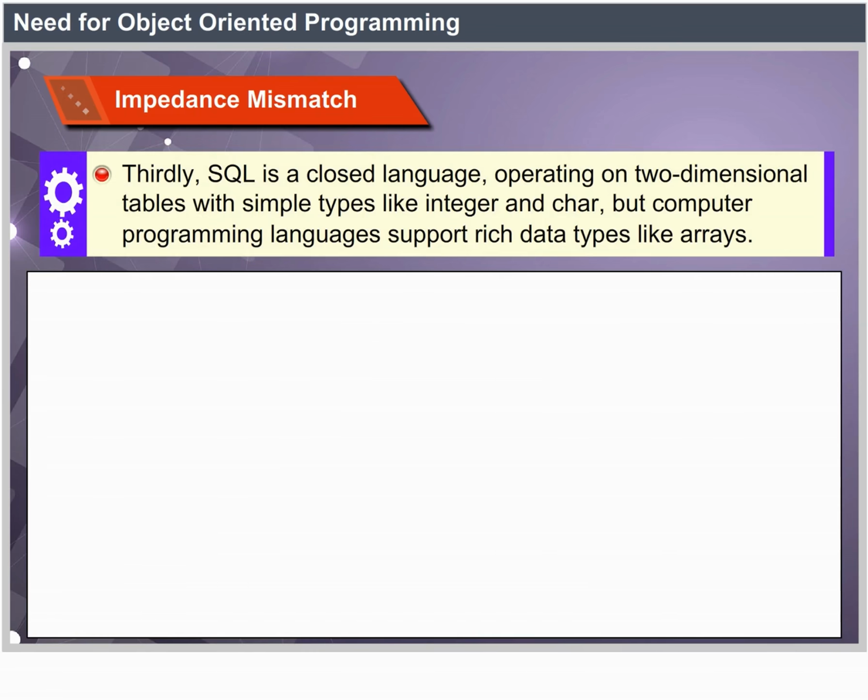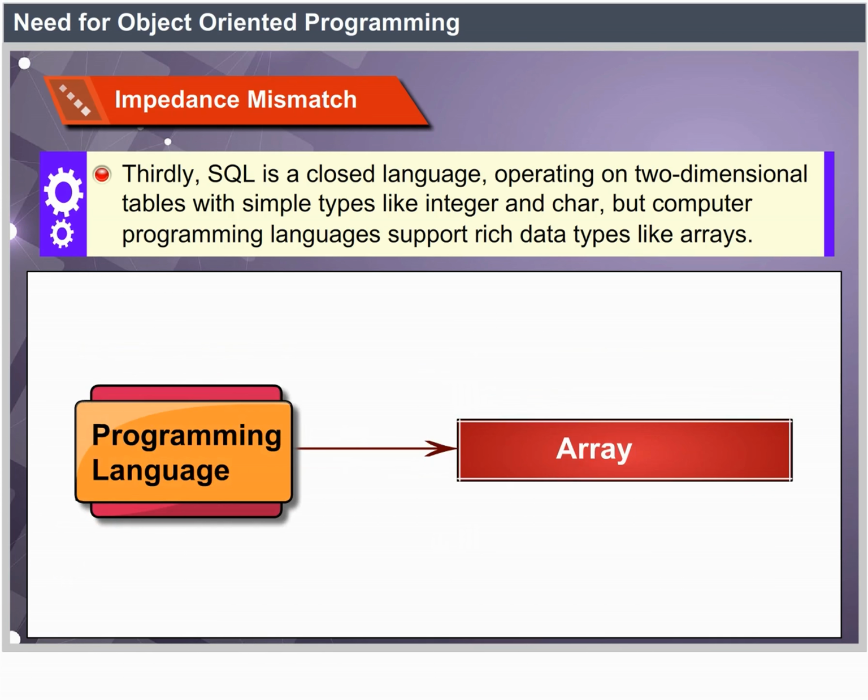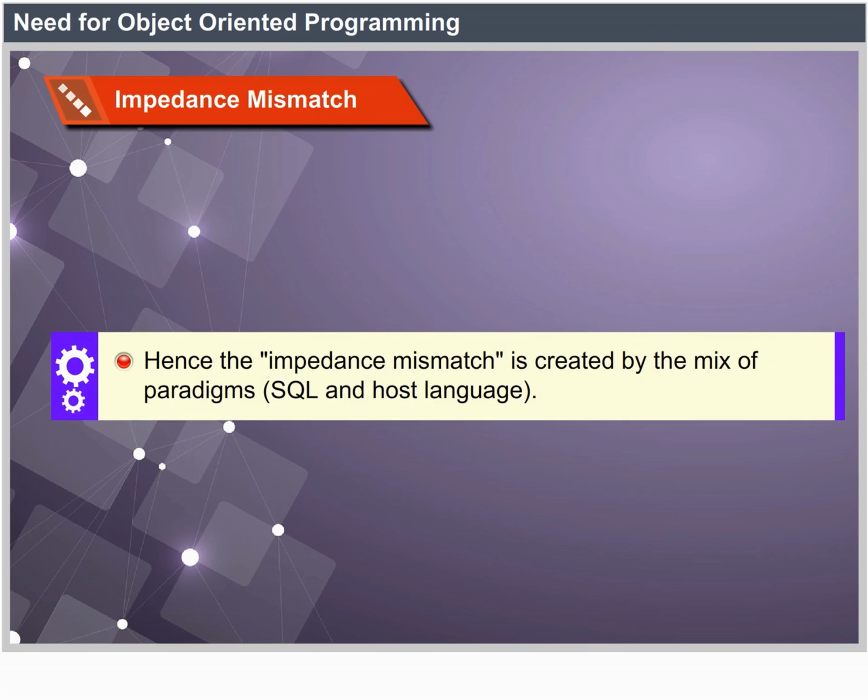Thirdly, computer programming languages support rich data types, example arrays, whilst SQL is a closed language operating on two-dimensional tables with simple types, example integer, character. This mix of paradigms, SQL and host language, results in this impedance mismatch.